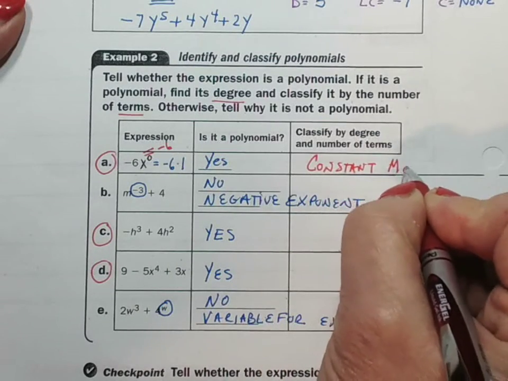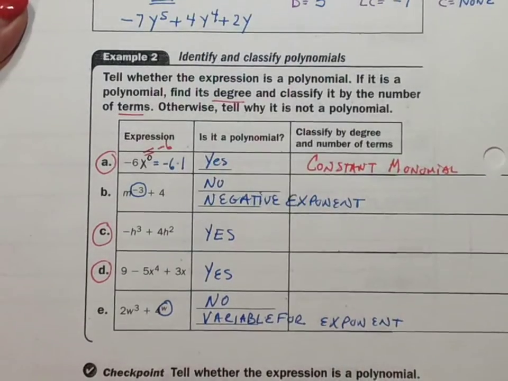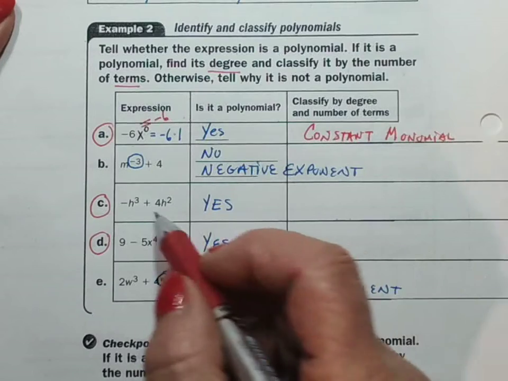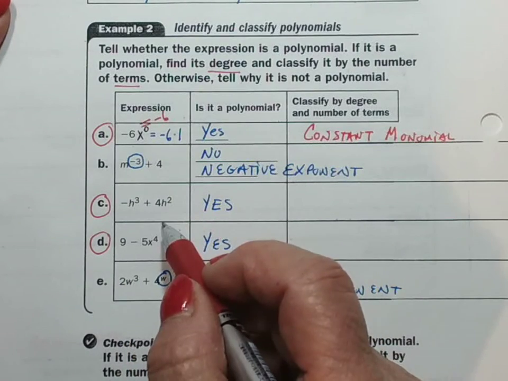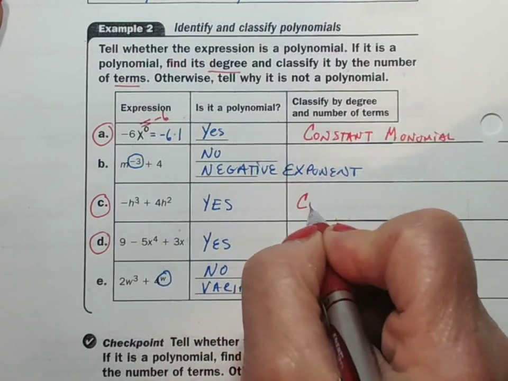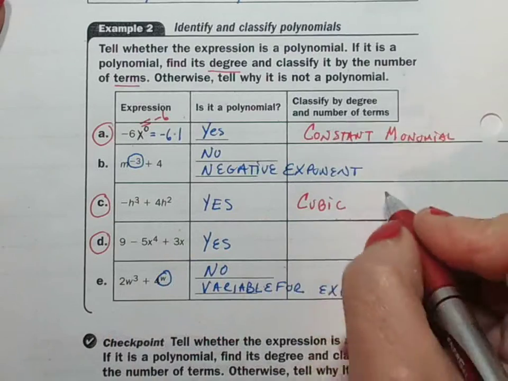And there's only one term, monomial. All right. Here, the degree is 3. 3 means that it's cubic. 2 terms, binomial.